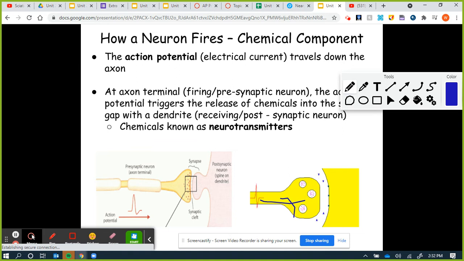Within the axon terminals are chemical messengers called neurotransmitters. That electrical signal causes the neurotransmitters to be fired from what is called the presynaptic neuron. They're released from the terminal buttons in the presynaptic neuron.